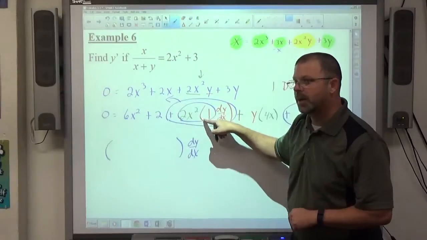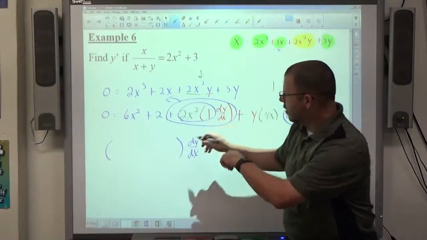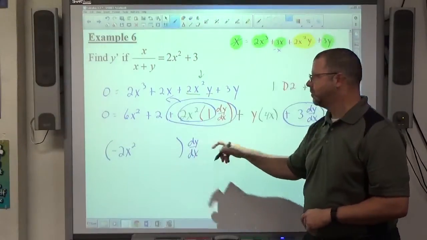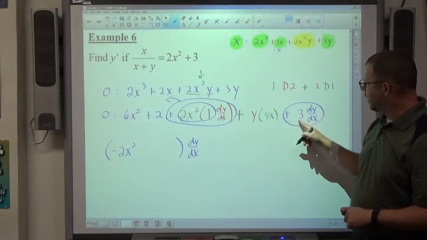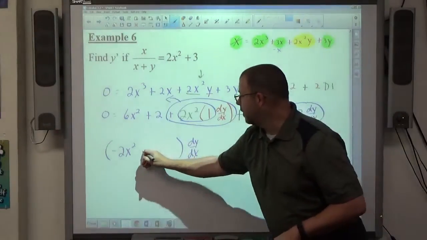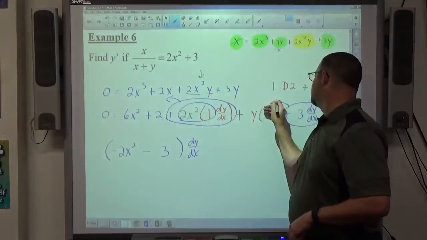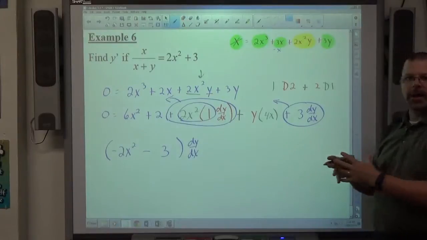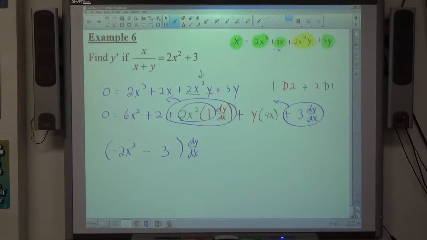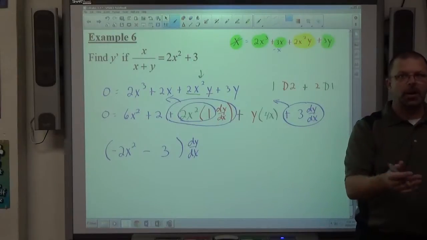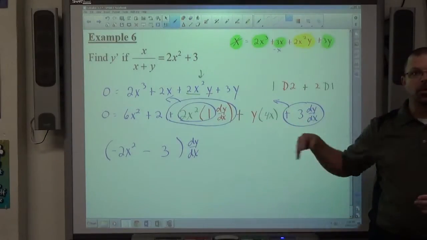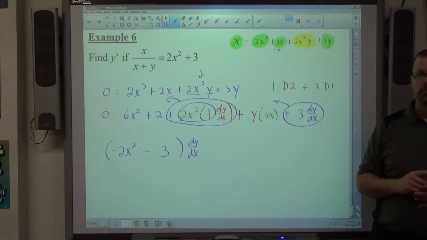Positive 2x squared is what that is. So negative 2x squared dy dx, and this is a positive 3 dy dx, so minus 3 goes to the other side, move it to the other side, change the sign, the dy dx. So if you want to go ahead and pull that dy dx out as you move things over, if you're comfortable doing that, that's fine. If you're more comfortable getting everything over first and taking the dy dx out second, that's fine also, take your pick. I personally do that in my work. It saves me a step.